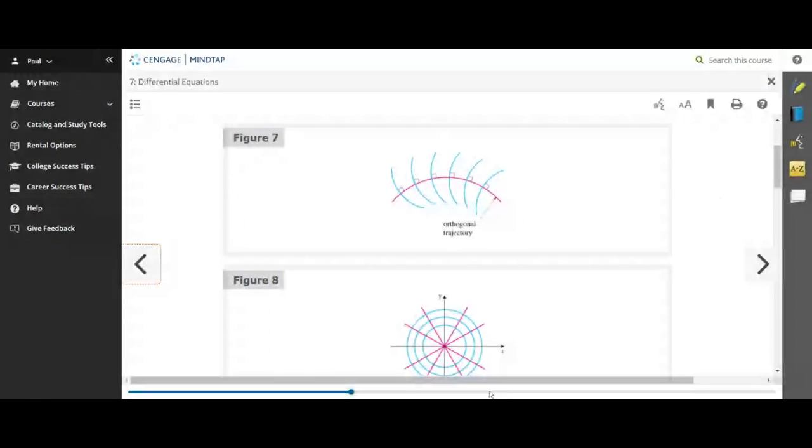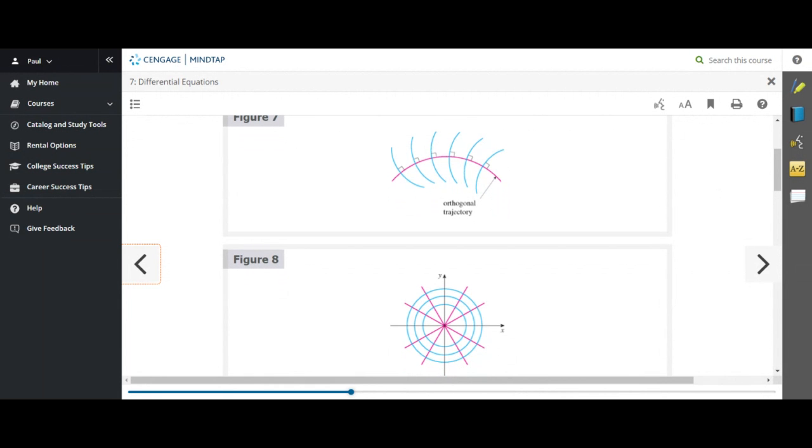Like for example, in figures 7 and 8, they give nice pictures for you. In figure 7, they have these blue curves, and there's a purple orthogonal trajectory that intersects those curves at right angles. And in figure 8, they have two sets of orthogonal trajectories.